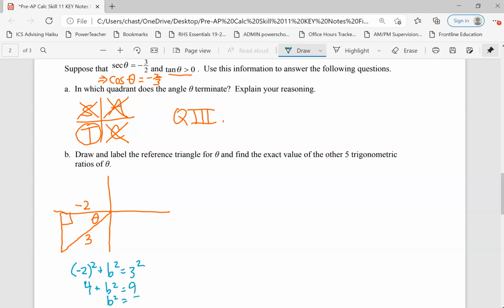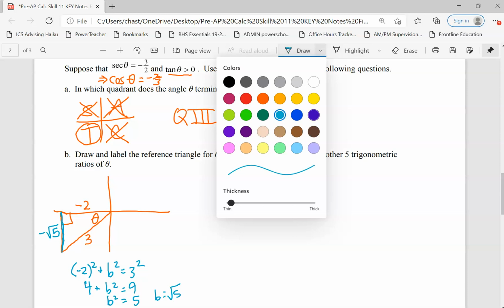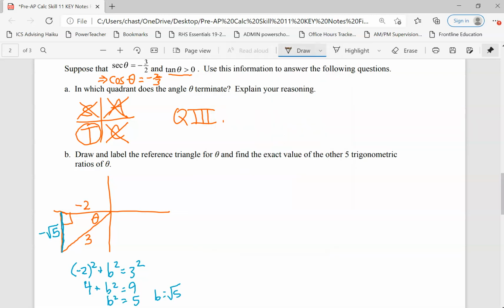So b squared is going to be 5, so b is radical 5. But look where we are. We're going in the negative direction on the y-axis, so we're going to put a negative on that. That's one mistake people make a lot, so please make sure you check that. Labeling my sides, I know this is the hypotenuse, opposite, adjacent.